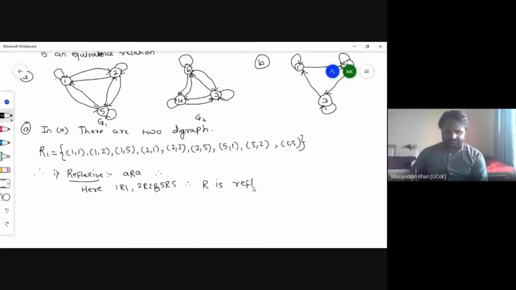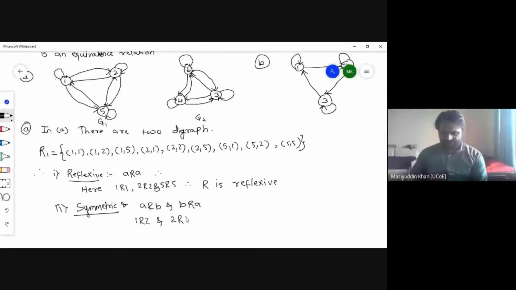Similarly, for the symmetric part, you can define symmetric as A related to B and B related to A. So here you can take any pair, that is, 1 related to 2 and 2 related to 1.